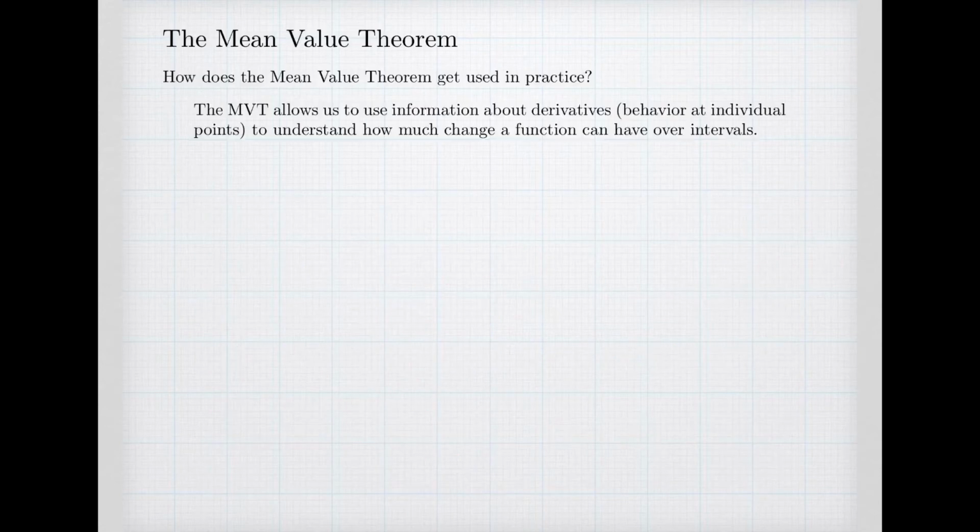Now that we've proved the mean value theorem, how does it get used in practice? The key idea of the mean value theorem is that there's this connection between the average behavior of a function on an interval, so that's the two separated points, and the value of a derivative at a single point. And this allows me to understand how much a function can change over intervals.